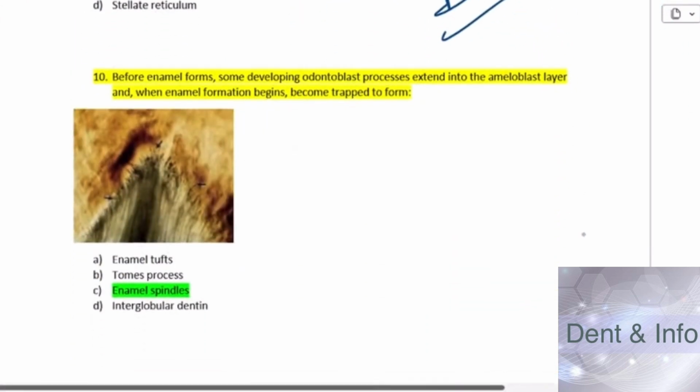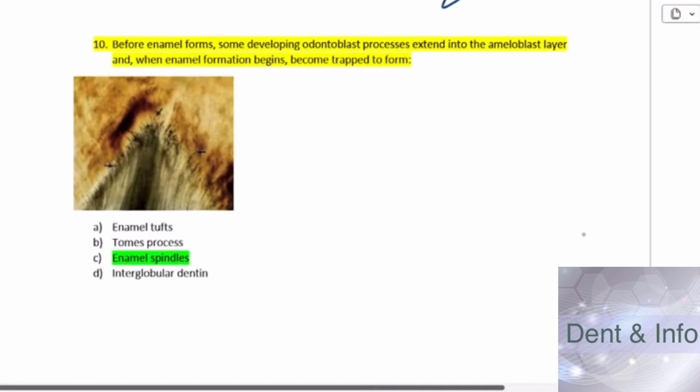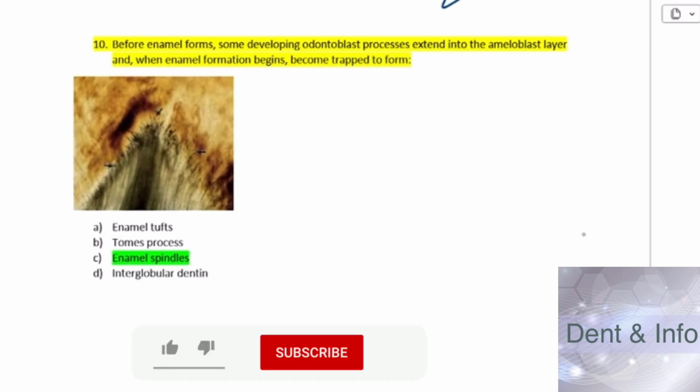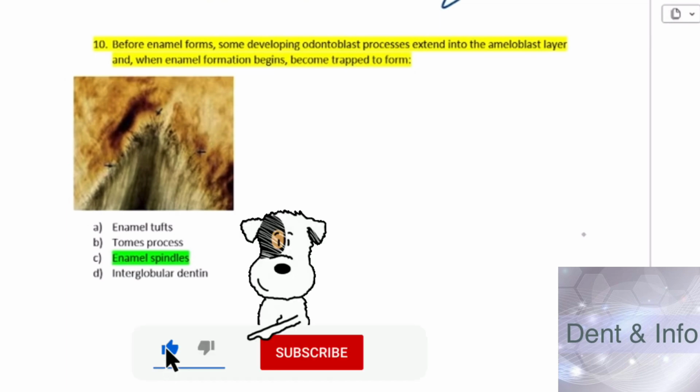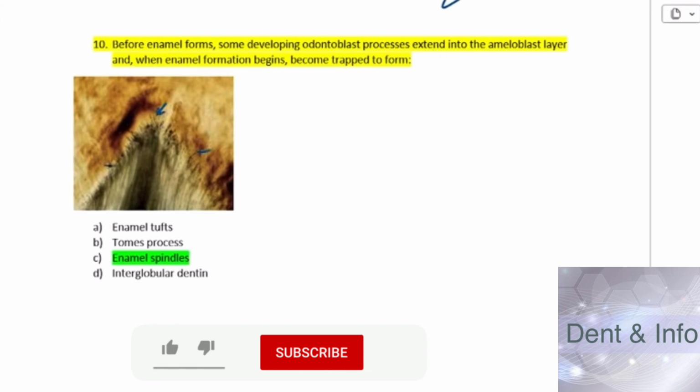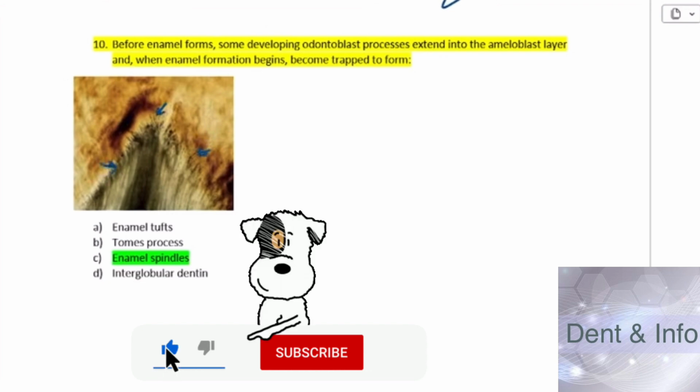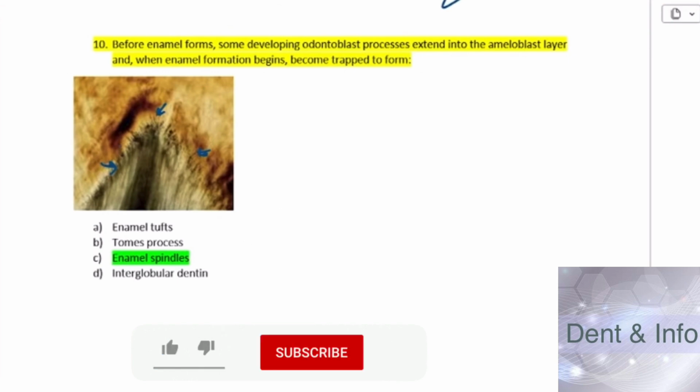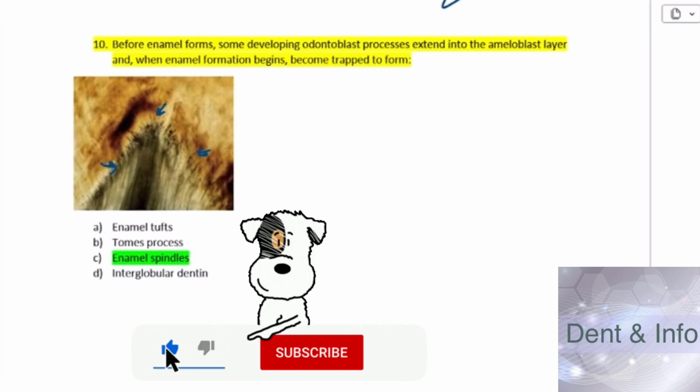Next, question number 10. Before enamel forms, some developing odontoblastic processes extend into the ameloblast layer, and when enamel formation begins, they become trapped to form. And they had shown a picture also, and they have put arrows. What are these structures? These odontoblastic processes were supposed to be contained within the dentinal tubules, within the dentine part.